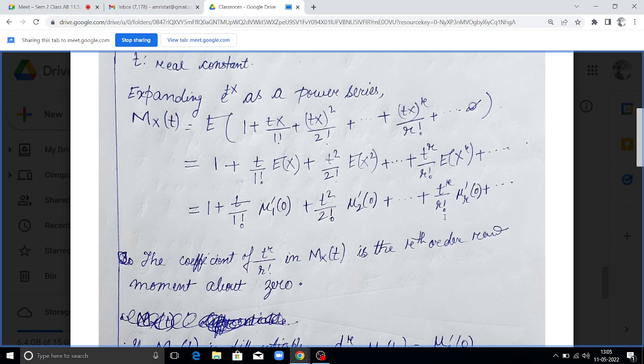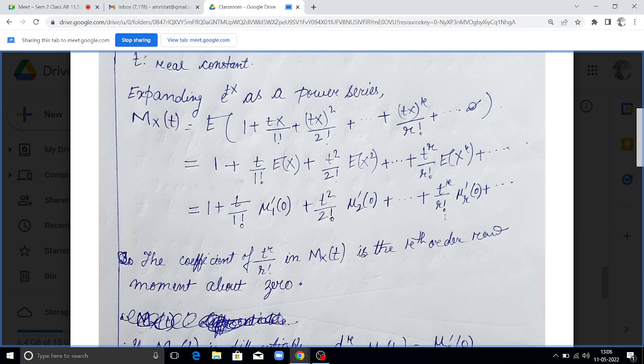This within bracket zeros you may give, you may not, because in general if you are calculating moments about 0, you can denote them as mu1 prime, mu2 prime and mu r prime.